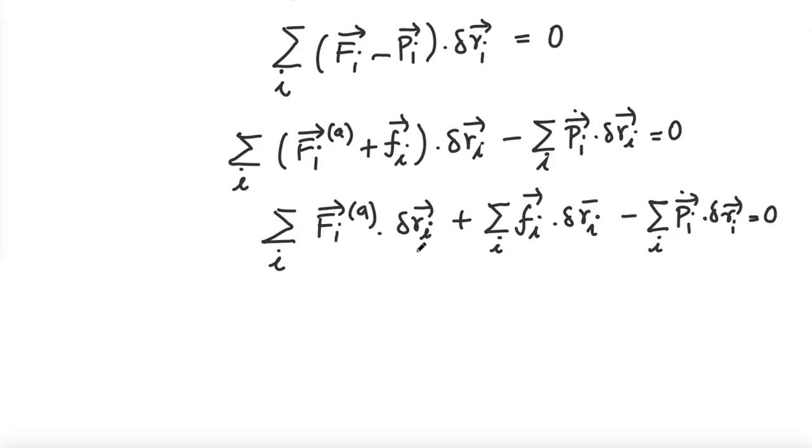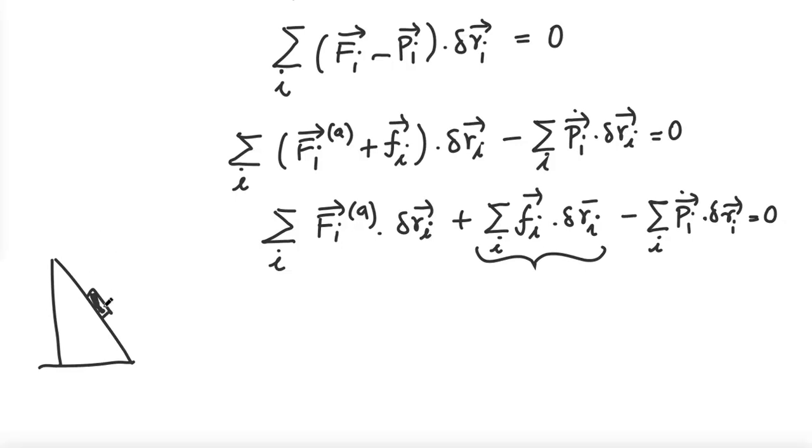Now if you look here, this one will be taken as 0 by us because of the fact that forces of constraint do not do any work. So even if you have a surface which is under motion, suppose there is a wedge like this, and on this a block is kept and this wedge is moving.